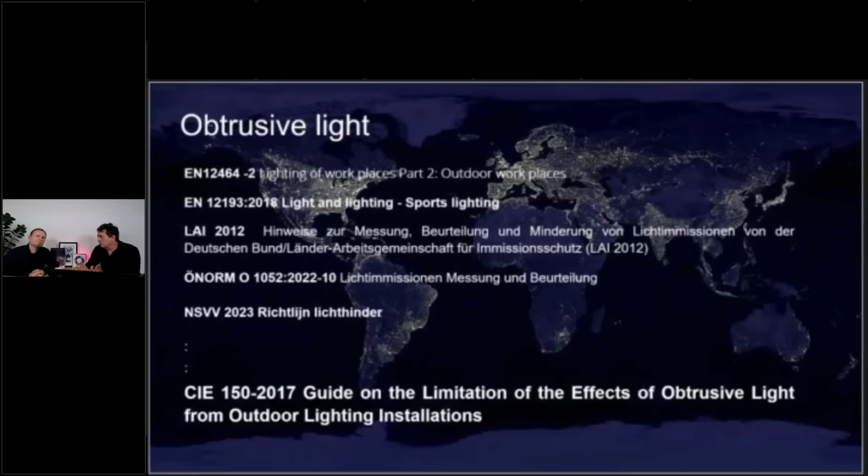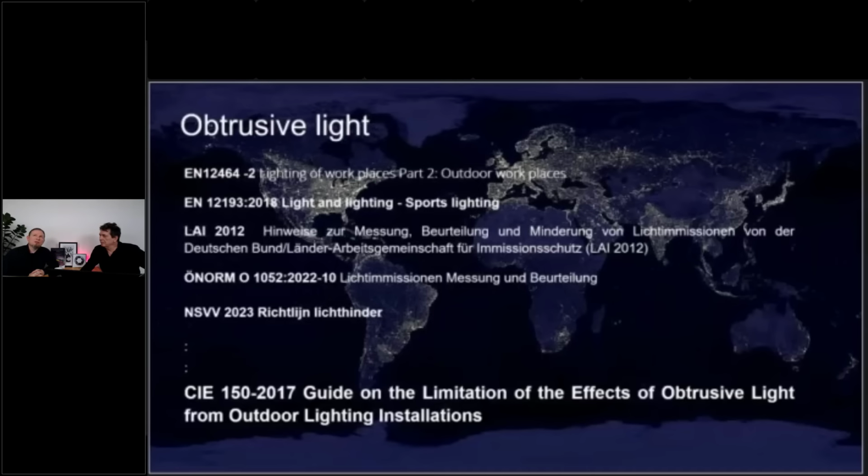The CIE 150 is like a universal international base point for all the national or European specific interpretations of light pollution, of obtrusive light, and it is a fundamental standard, which is also reflected in the other standards.